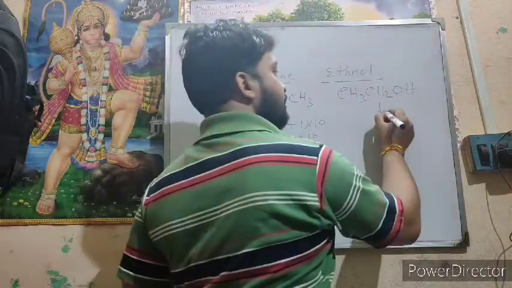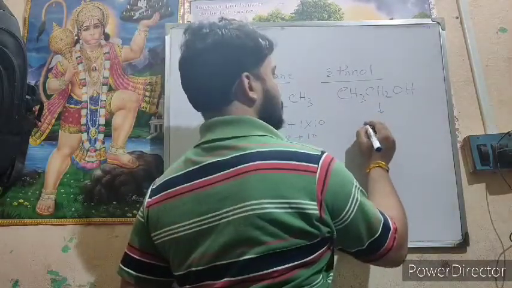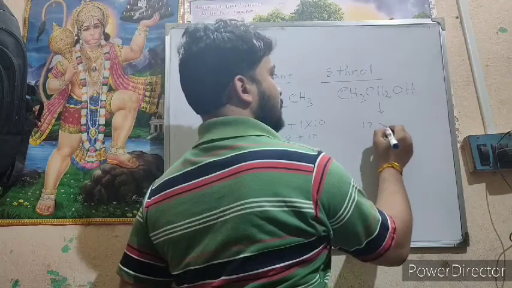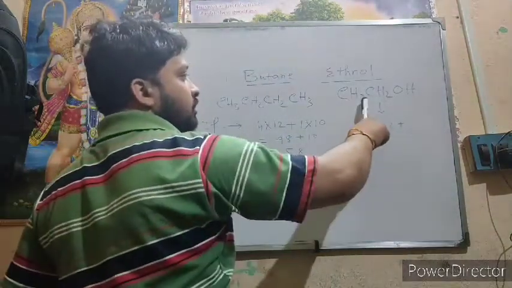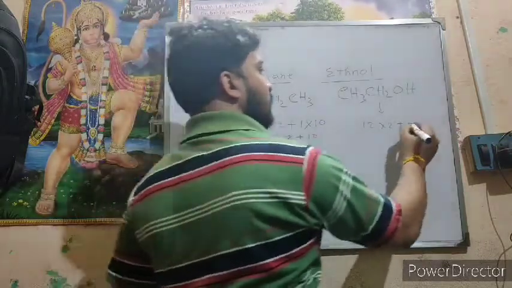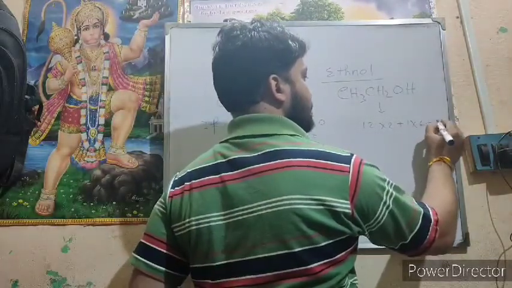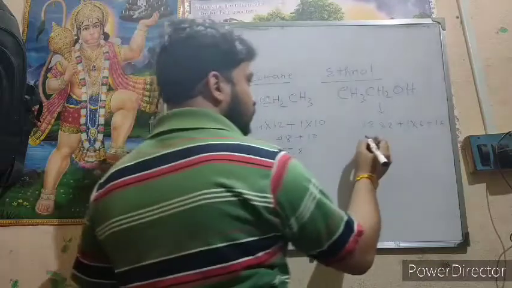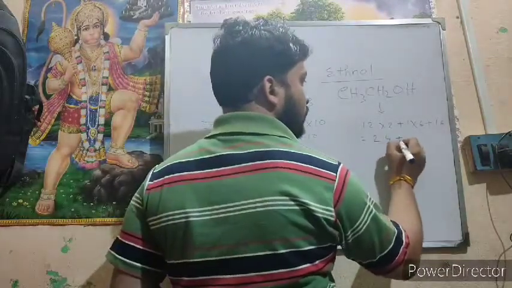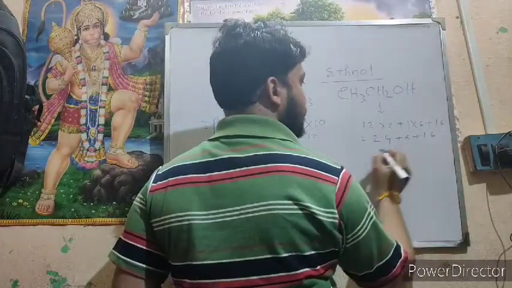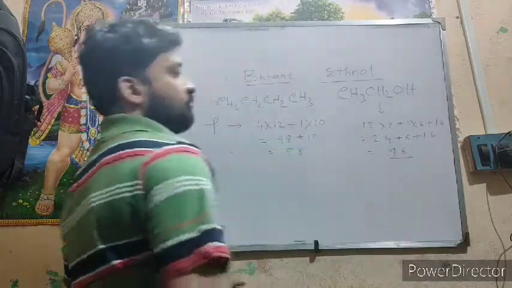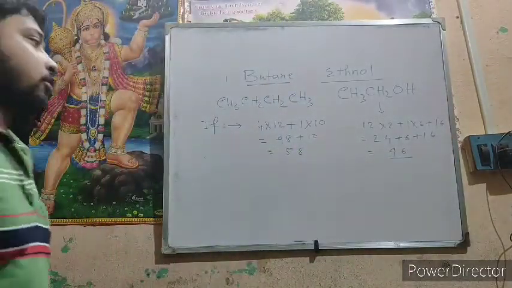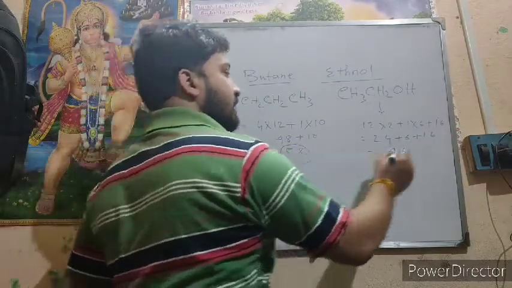For ethanol, C2 is 12 into 2 equals 24, plus H6 is 6, plus O is 16, therefore 46. So butane is 58 and ethanol is 46.